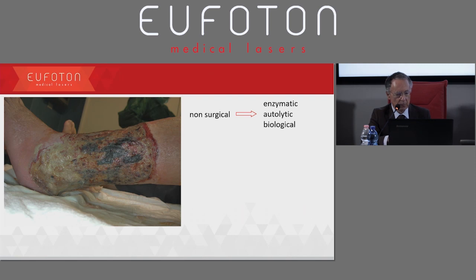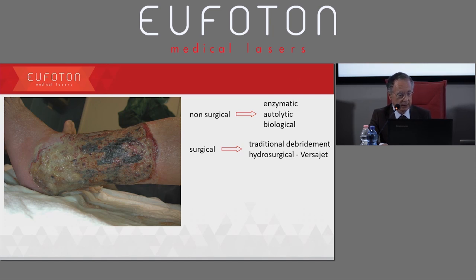Let us see the debridement systems. There's a non-surgical approach, which is enzymatic, autolytic, and biological. It is a slow system that is not fit for bigger ulcers that would require weeks, if not months, of treatment. There's a surgical treatment, the traditional one with scissors, curette, scalpels.